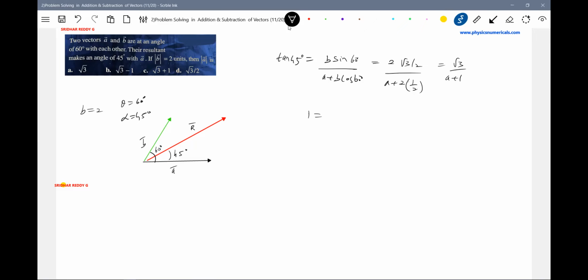Tan 45 is 1. So 1 equals root 3 by A plus 1, so A plus 1 equals root 3, or A equals root 3 minus 1. Okay, this is our answer. The magnitude of A is what is asked.